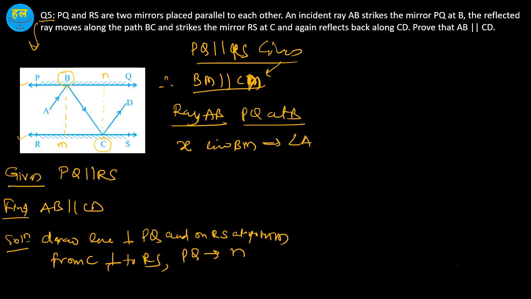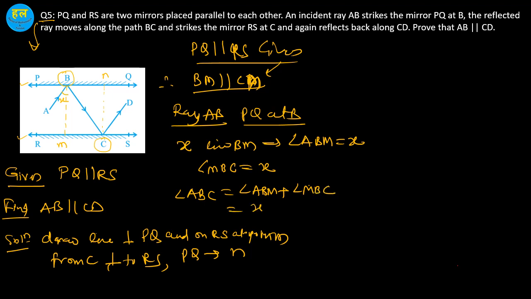Therefore angle ABM will be equal to x, and from the law of reflection angle MBC will also be equal to x. So for the path of this ray, angle ABC will be equal to angle ABM plus angle MBC, which is x plus x equal to 2x. So angle ABC becomes 2x. Let us call this equation number 1.